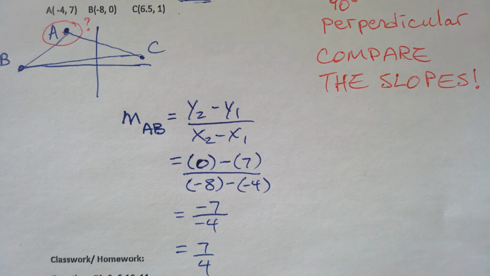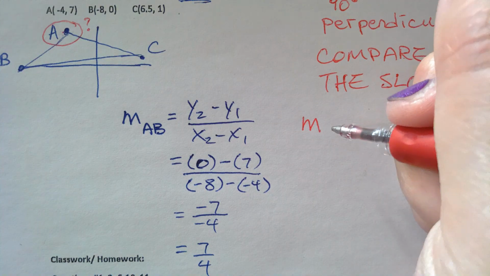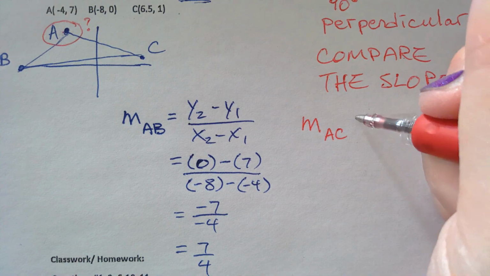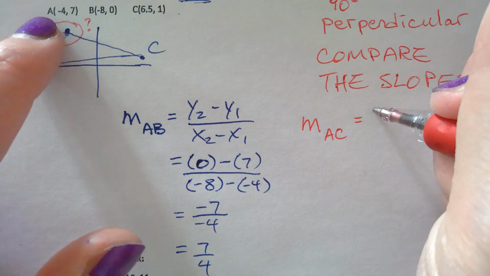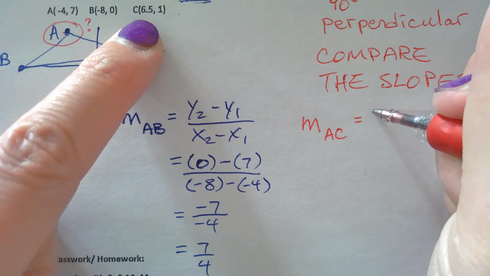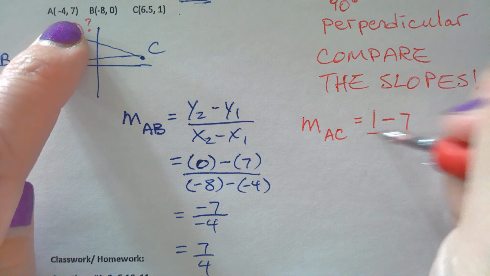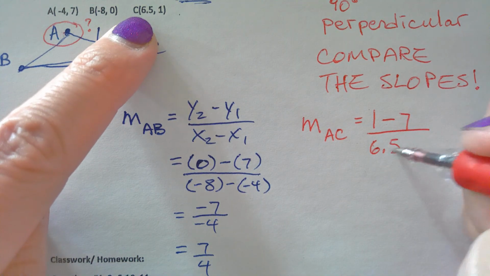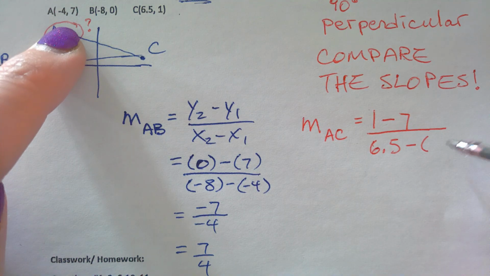Now I do the slope of my second line, which is the slope between A and C. Between A and C, y2 is 1, y1 is 7, x2 is 6.5, x1 is -4.